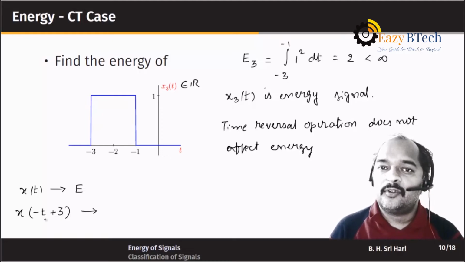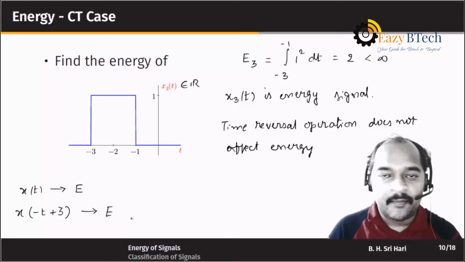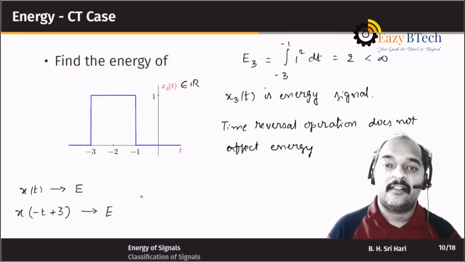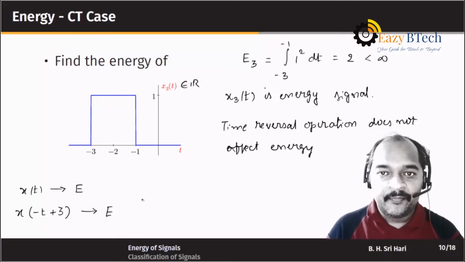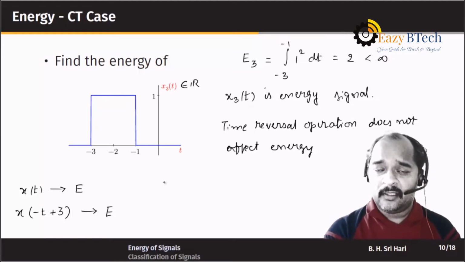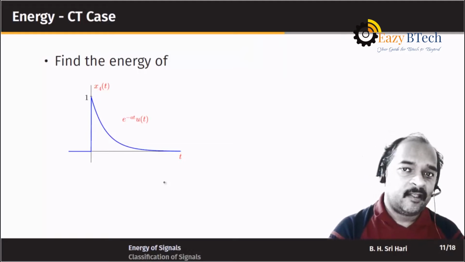Minus t corresponds to time reversal, which also doesn't have any impact on the energy. Because both operations do not affect the energy of the signal, the energy of x of minus t plus 3 would again be E. That is just an example; we will see it more formally in the last slide.